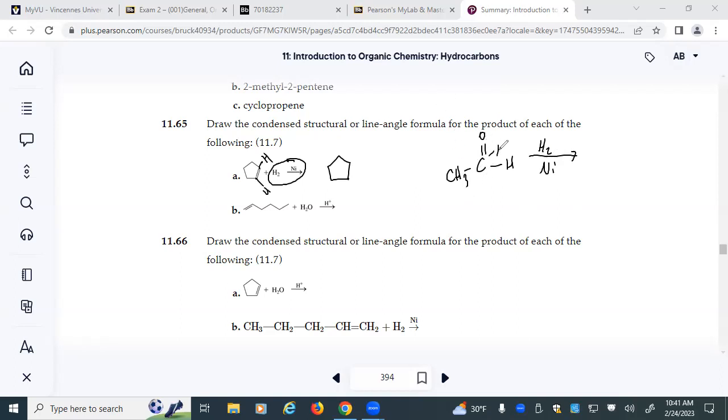We would have an addition of a hydrogen on the carbon and an addition of a hydrogen on the oxygen. That double bond would turn into a single bond. We would end up with an alcohol.